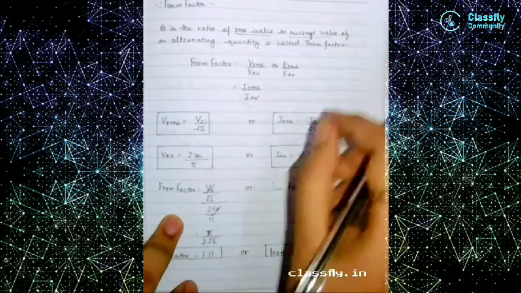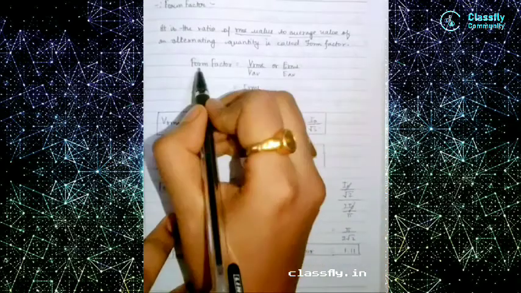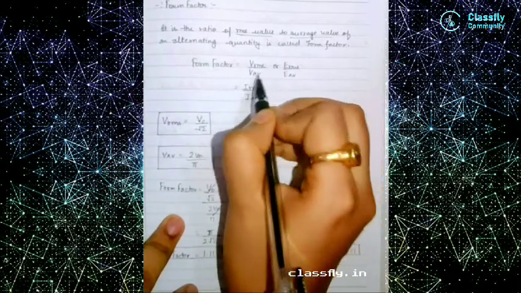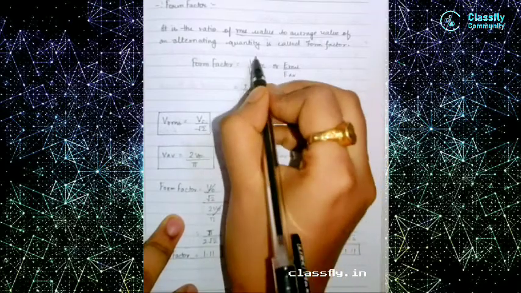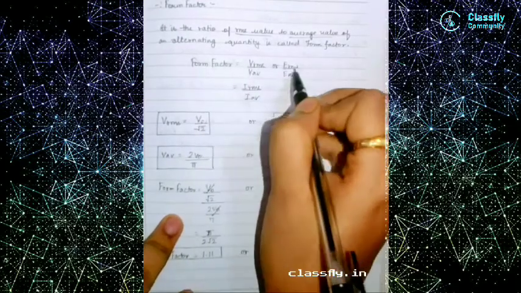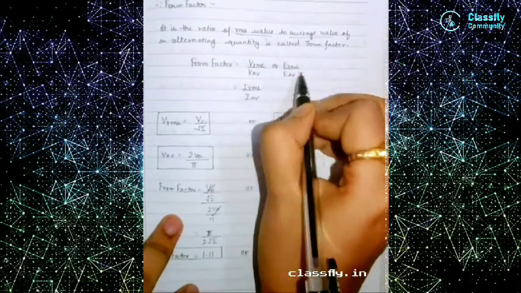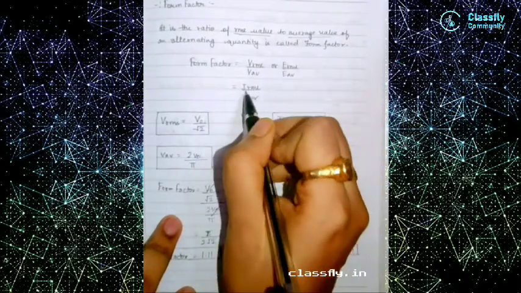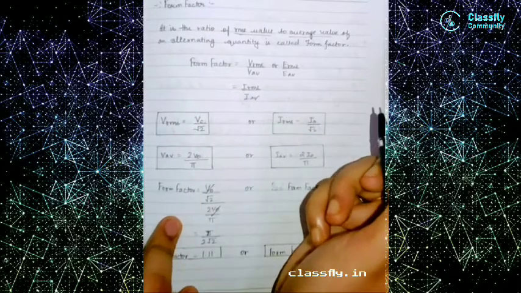So from the definition, form factor is equal to Vrms by Vav. Sometimes the voltage is also written as Erms by Eav, and for current, Irms by Iav.